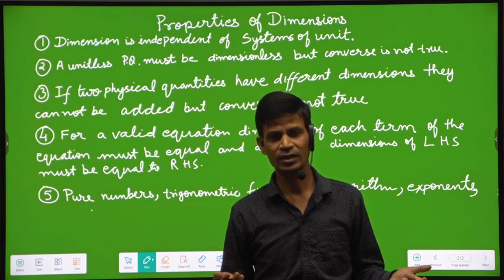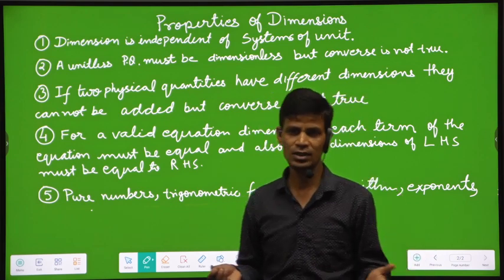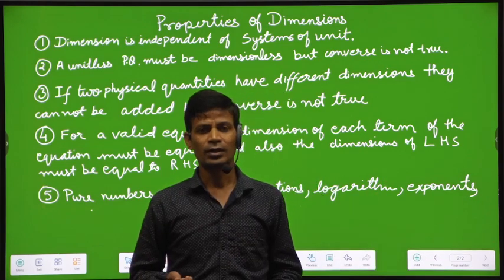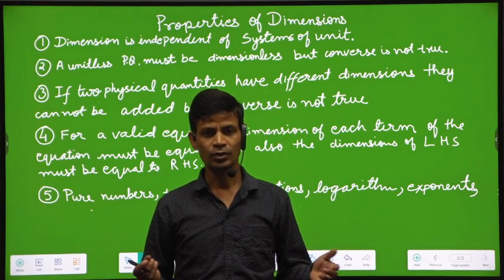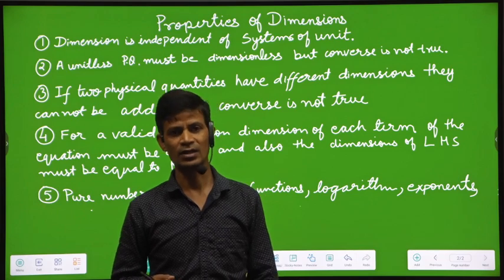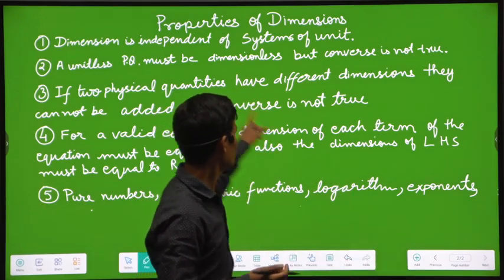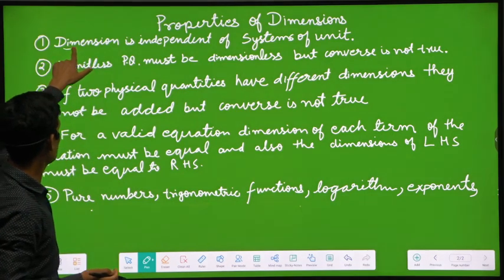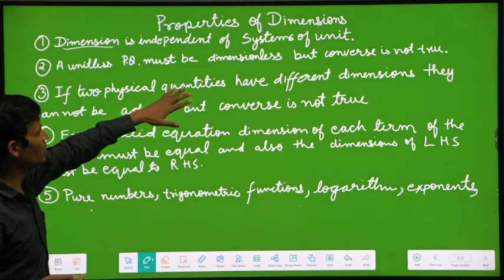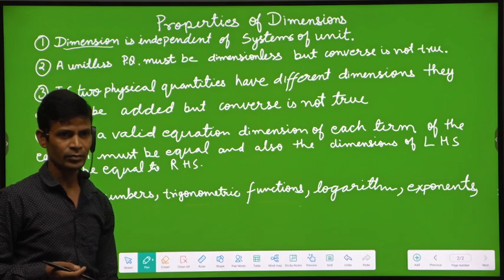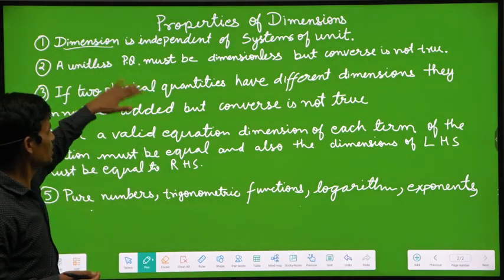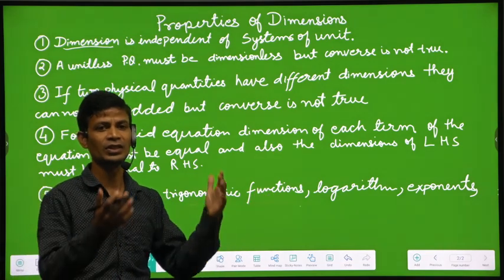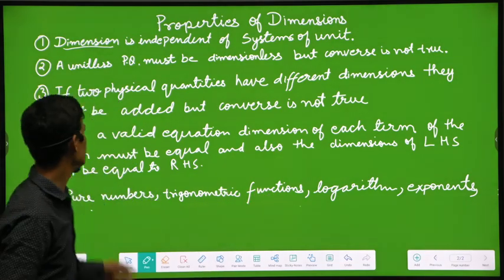If I'm measuring mass in kgs or grams or in any other unit, then still it is mass. So that is why dimension is independent of system of unit, because dimension is ultimately a representative of those fundamental quantities which are involved in that quantity.